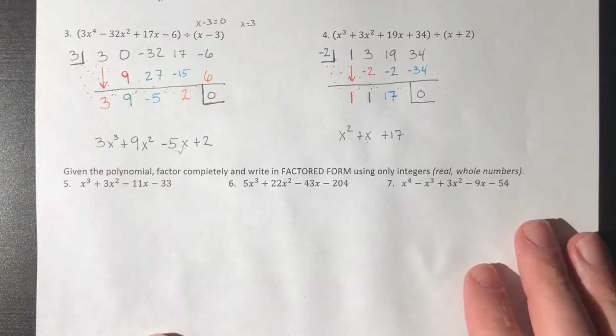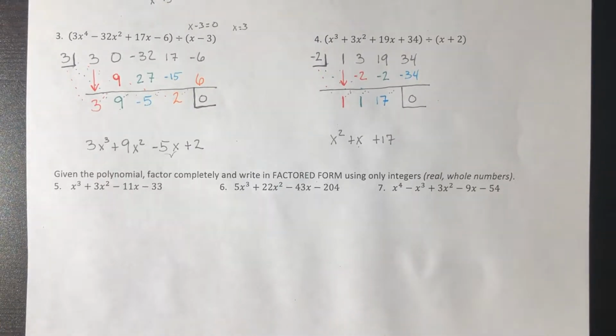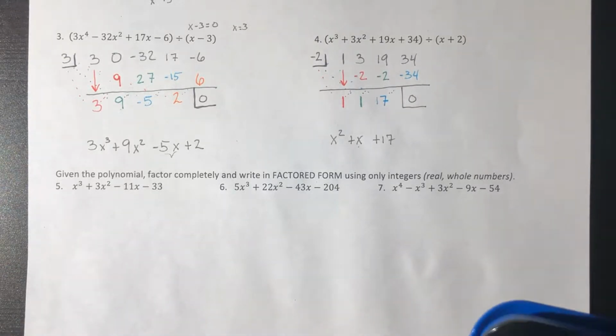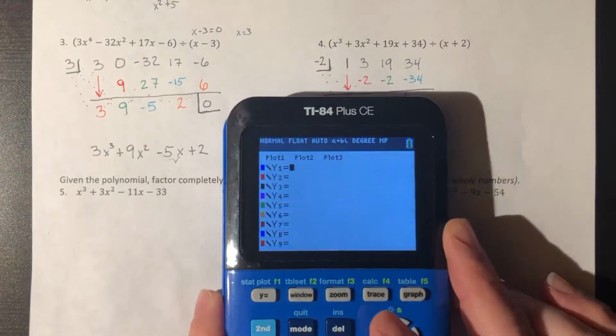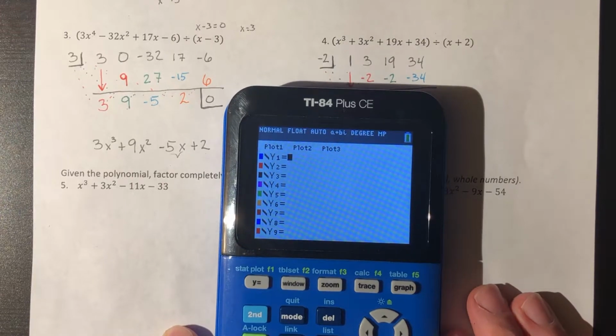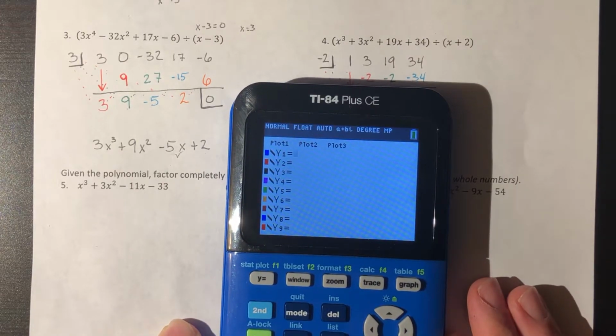Now for 5, 6, and 7, currently these are in standard form, and it wants us to put them into factored form. We have a lot of different methods that we could go about trying to do that. But the one that we're going to utilize for this is putting these into your calculator to find the rational zeros.